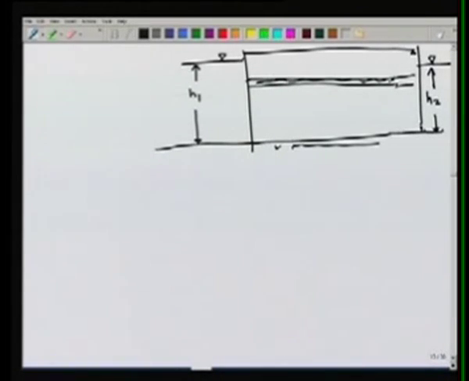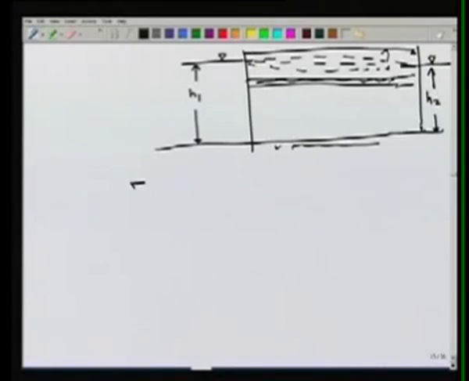The piezometric head in the confined aquifer may be like this, or like this, or it may be a straight line like this. So in order to find out which is the variation in the confined aquifer, we need to solve the equation of motion, which is again written here as this.